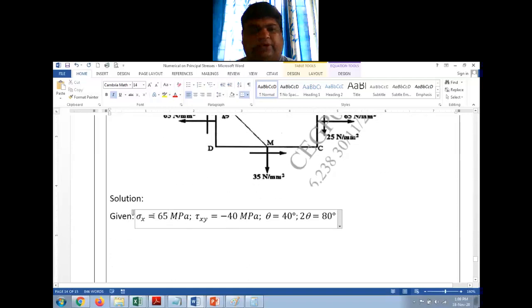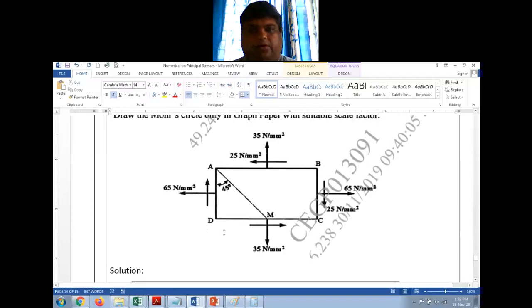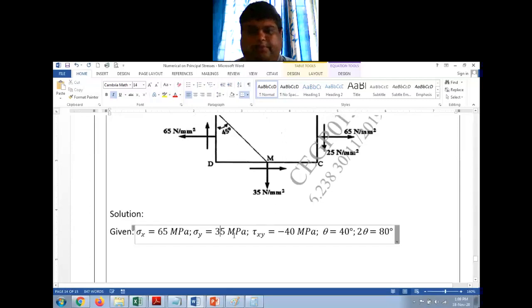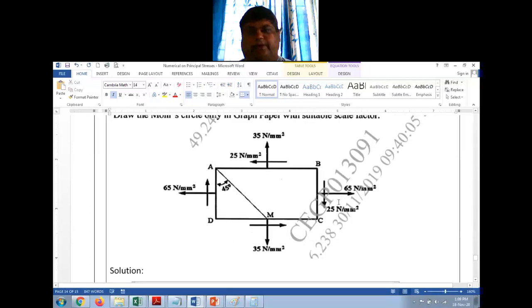There is sigma y also. Sigma y is 35 megapascal. And tau xy, see, tau xy he has given in two places here.